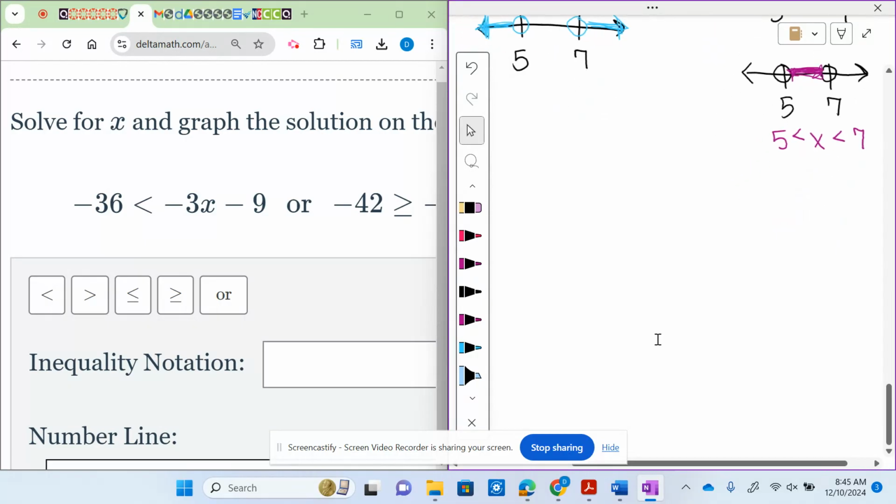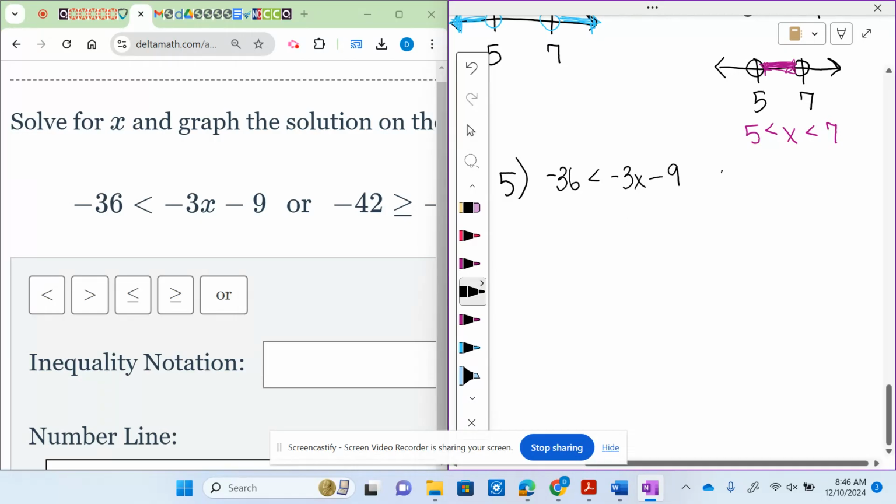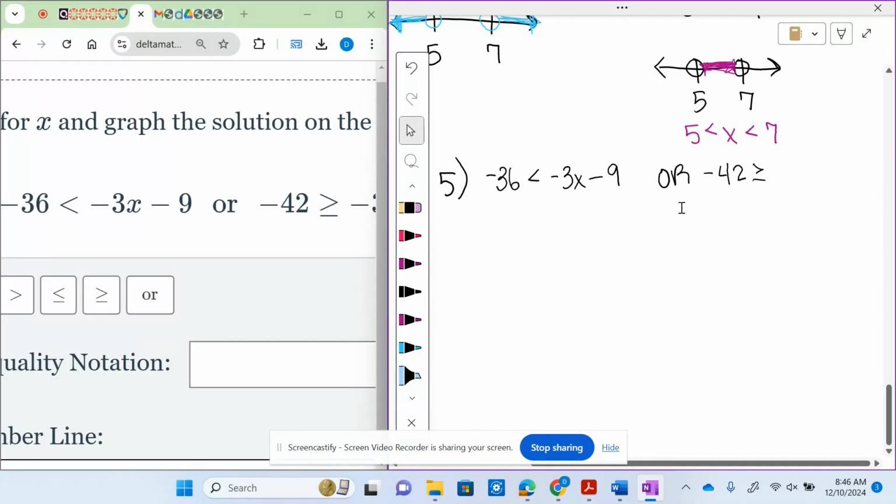So example number 5. Negative 36 is less than negative 3x minus 9, or negative 42 is greater than or equal to negative 3x minus 9.